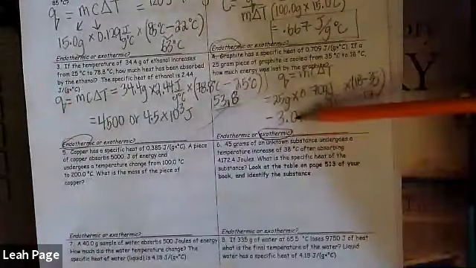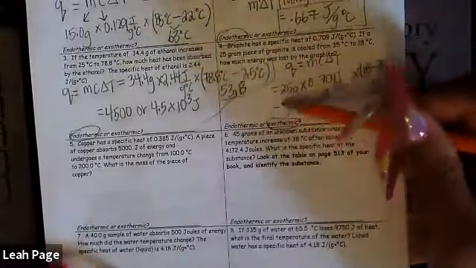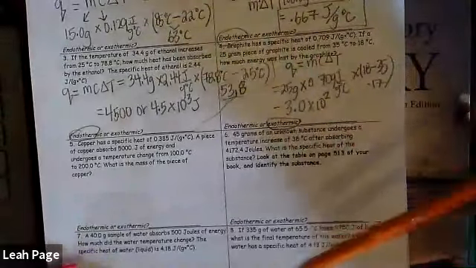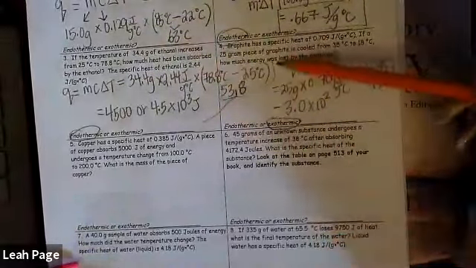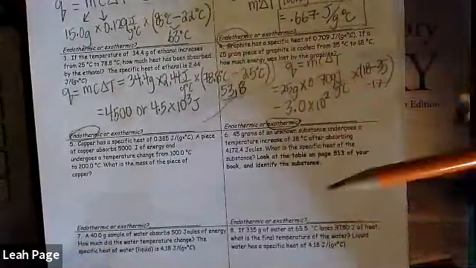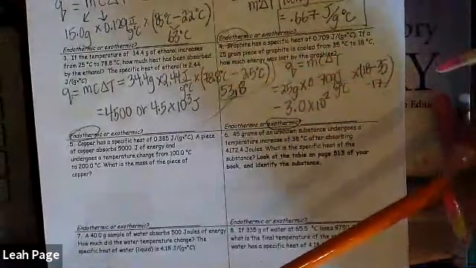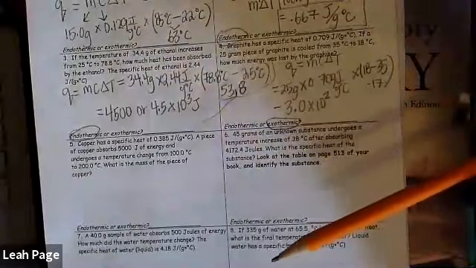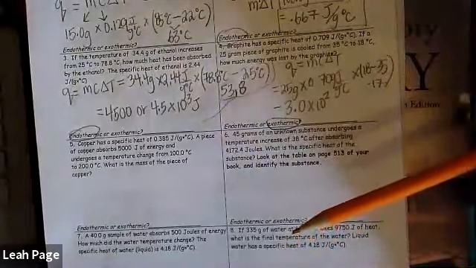So negative 3.0 times 10 to the power of 2. Remember that negative sign just means that our heat is flowing out of the system. We're losing heat. The graphite is losing heat. So in this problem, that's the only really correct answer.